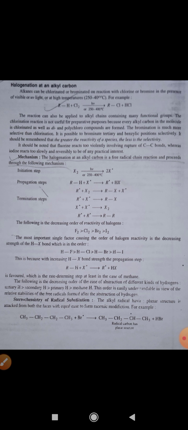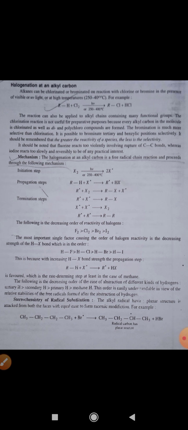Now let us see halogenation at an alkyl carbon. You are already familiar with the chlorination and bromination of alkanes. The chlorination and bromination take place in the presence of sunlight.